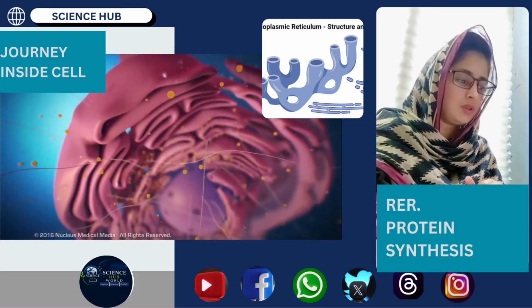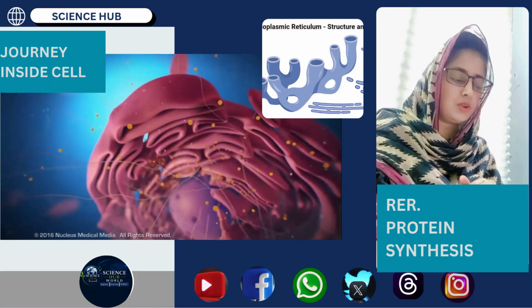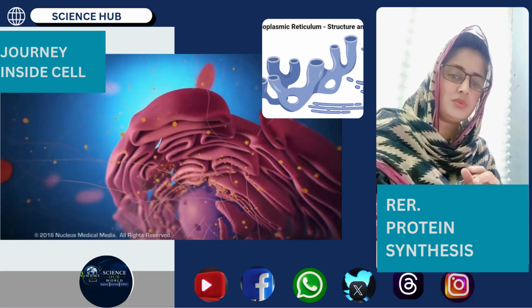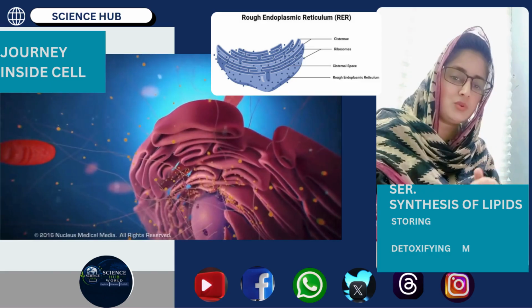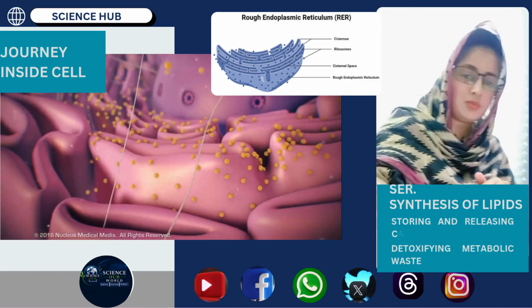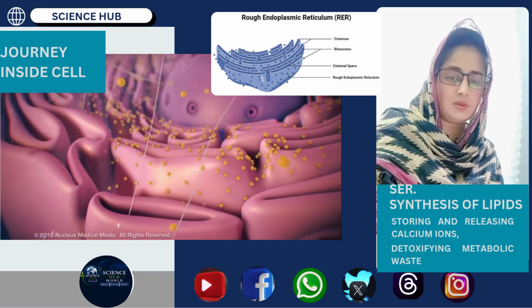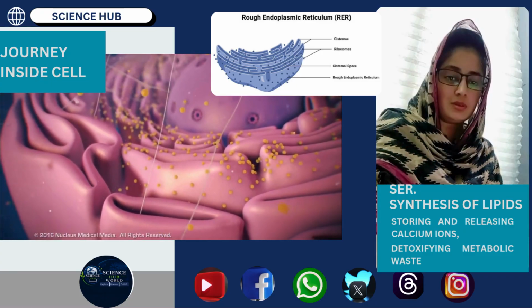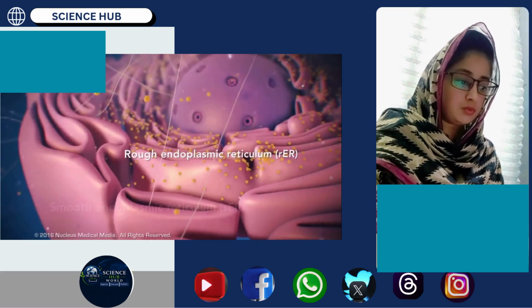And if it is without ribosomes, it is known as smooth endoplasmic reticulum. So the function is also different. Rough endoplasmic reticulum helps in protein synthesis due to the presence of ribosomes, and smooth endoplasmic reticulum helps in other metabolic processes like lipid synthesis and many other important processes.